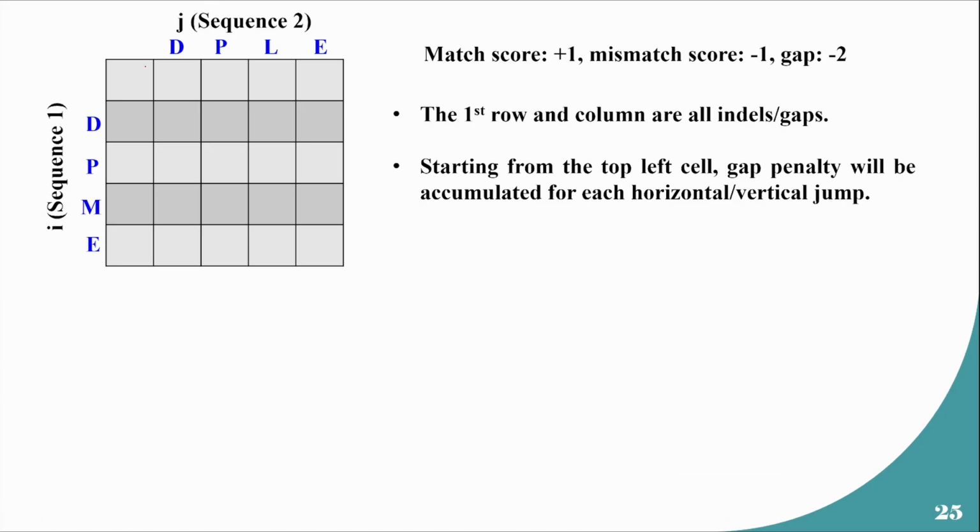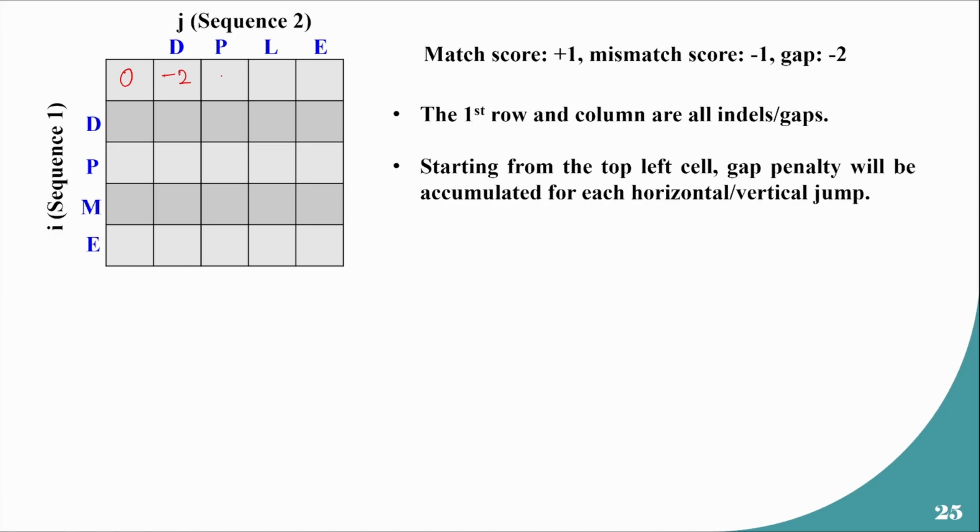Now, what that will mean is that, let's say we start with 0 at this particular position. So when you move to the right one step, that will indicate one indel. So for an indel, we use the gap penalty or the gap score. So in this one, we will score the grid with -2 because we have a gap score of -2. Now this gap score will accumulate over each jump.